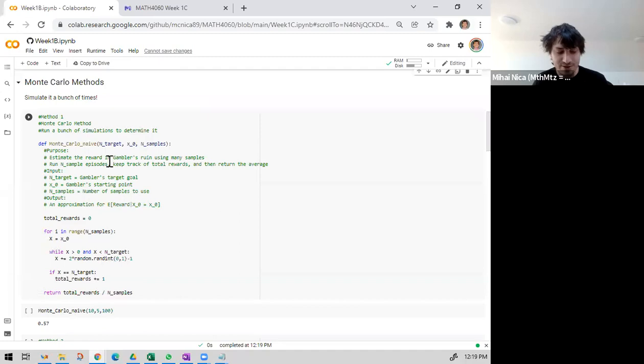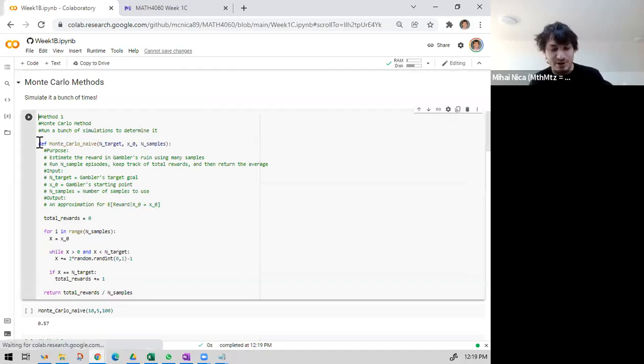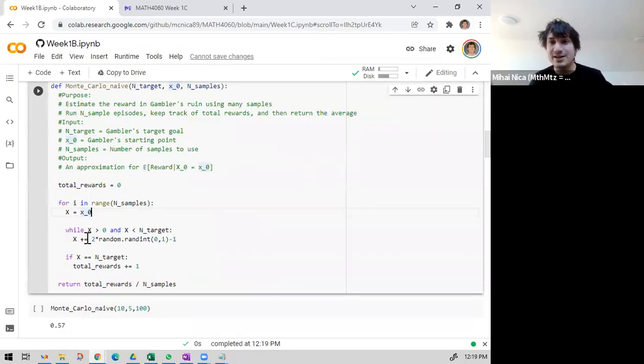And so the one thing you can do is simulate it. This is what I'm calling the naive Monte Carlo method. Monte Carlo means random. Naive means I'm just doing it in the most obvious way. And what I'm going to do is run n samples with a for loop. I'm going to loop through n simulations of the random walk. And what does the random walk do?